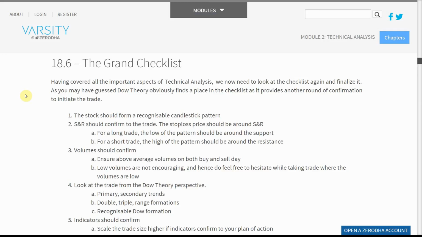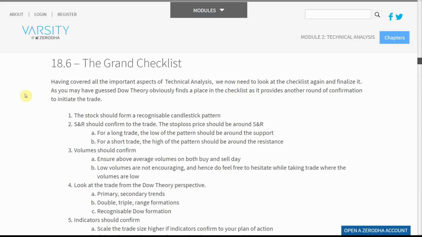Volumes should confirm. Ensure above average volumes on both buy and sell day. Low volumes are not encouraging, and hence do feel free to hesitate while taking a trade where the volumes are low. Look at the trade from the Dow theory perspective: primary, secondary trends, double, triple, range formations, recognizable Dow formation. Indicators should confirm.